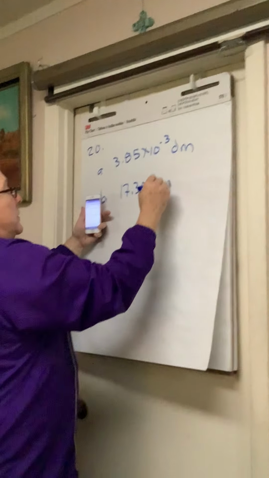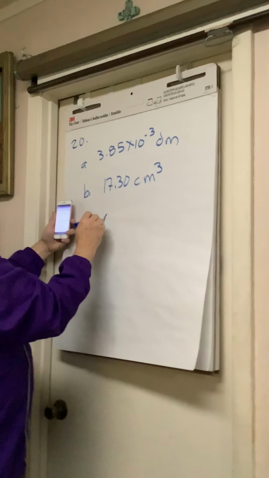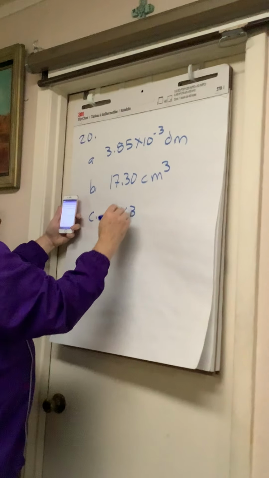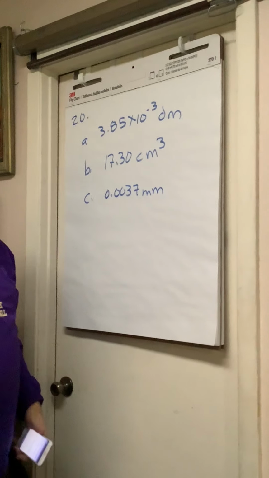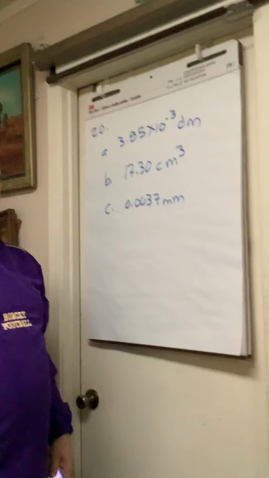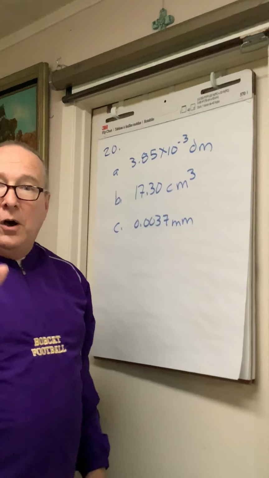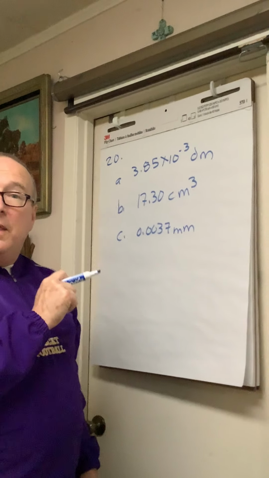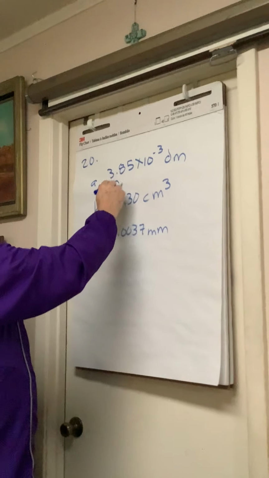Then 17.30 cubic centimeters, and 0.0037 millimeters, a very short distance. How do you tell the number of sig figs? Without reviewing the rules, the easiest way is to always put the value into scientific notation and count the number of digits.